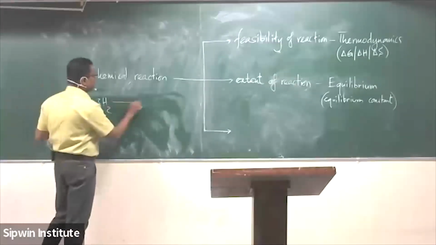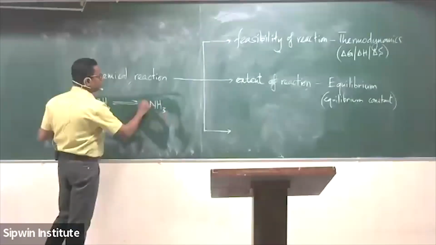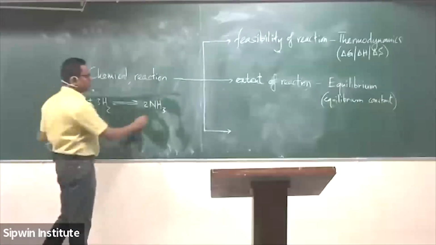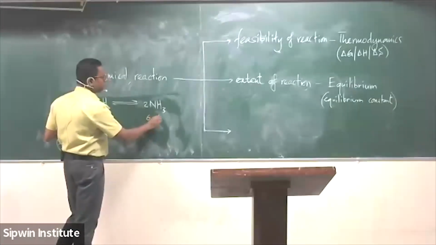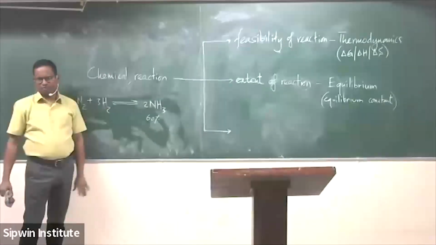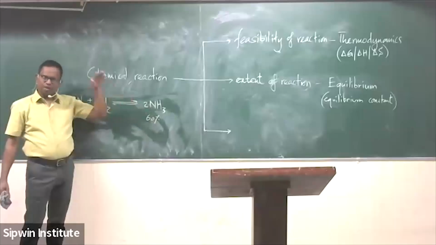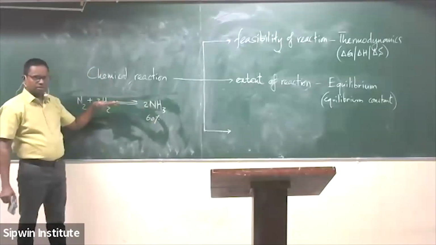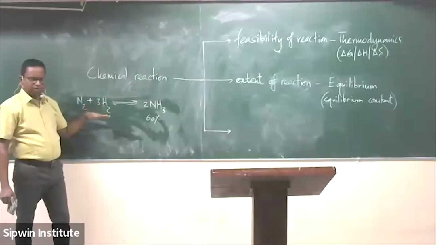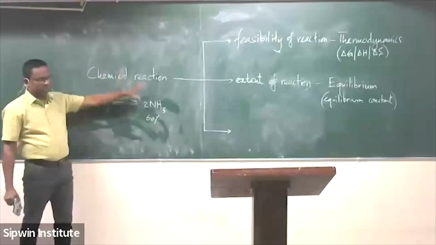See, nitrogen and hydrogen react and produce ammonia. Somewhere it reached to the equilibrium. When reached into the equilibrium, say 60% of ammonia from the initial reactants, 60% pass the other side. 60% conversion. Now we say this reaction stop here. Under the given condition, now it is a stopped reaction. Why we say it is stopped? Into both directions, the rates are same. Now, no further formation of ammonia.